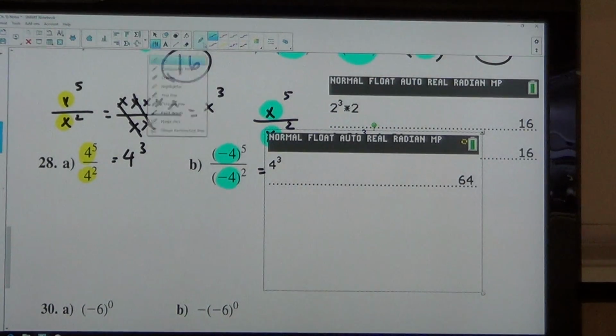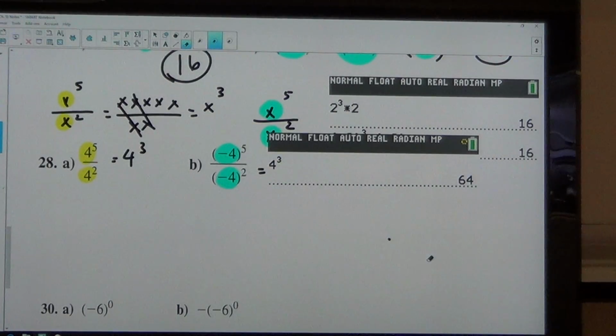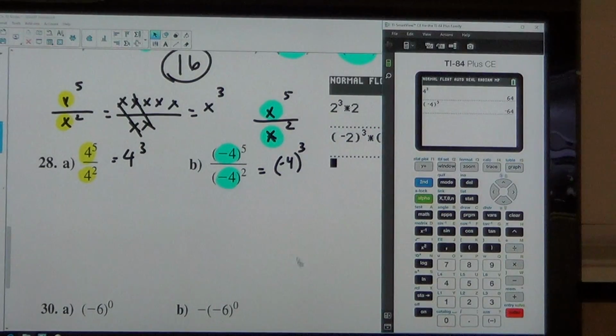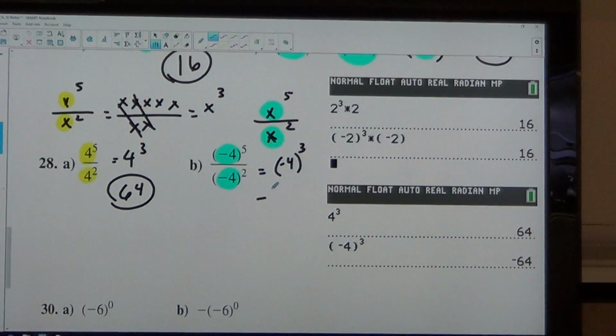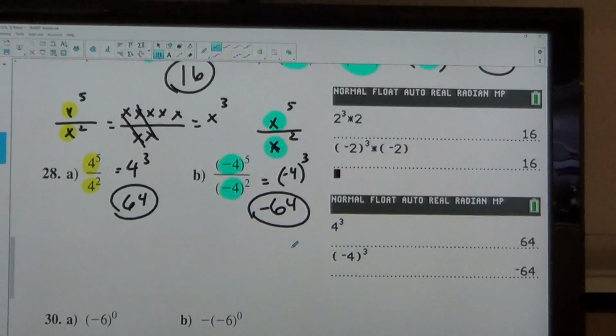So the answer to the first one is going to be 64. The answer to the next one is going to be 64.